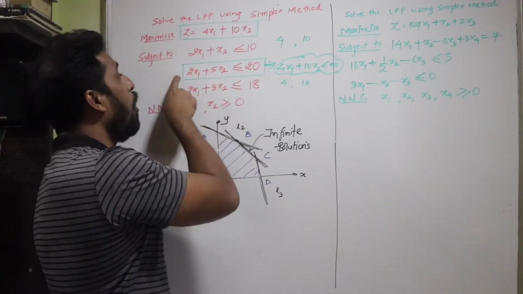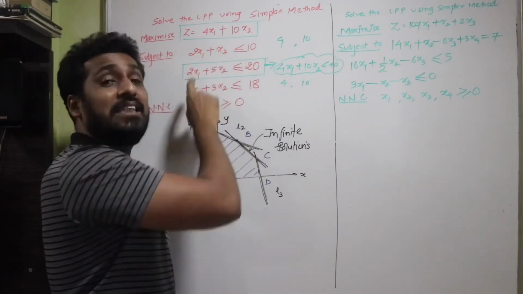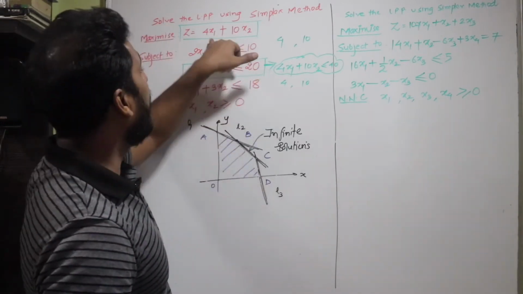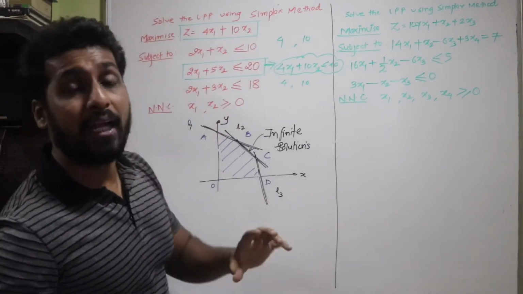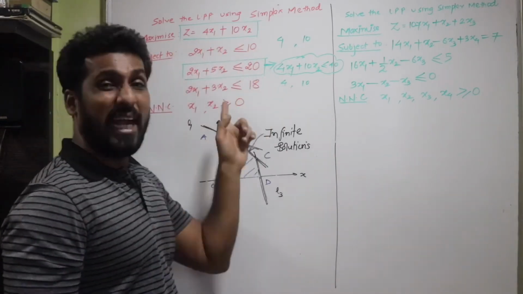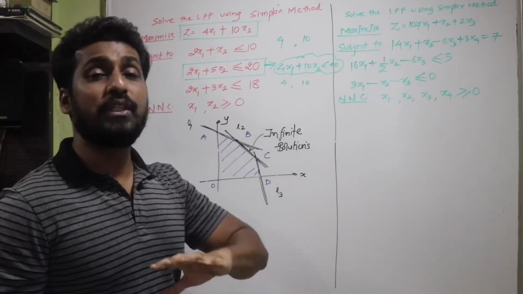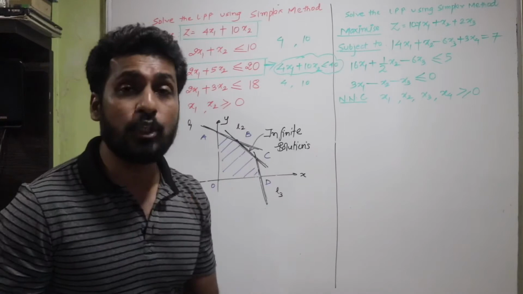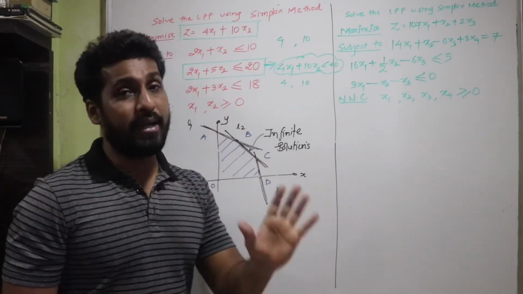You observe the objective function and the constraint functions. If the coefficients of the decision variables, which are x1 and x2 in this case, in the objective function and the coefficients of the decision variables in at least one of the constraints are the same, then you can be very sure that the given LPP will have infinite solutions.